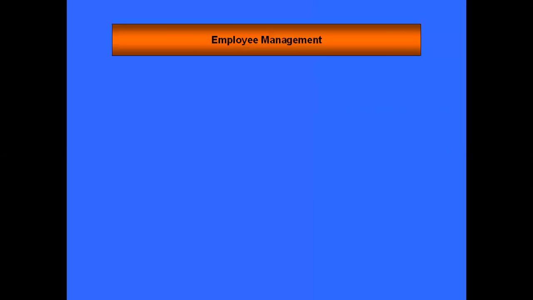Okay, so as I said, I will take an example of employee. Assume that we are going to implement an employee management application. That application may have, in a basic way, a few feature areas.